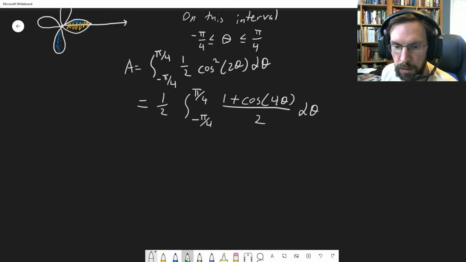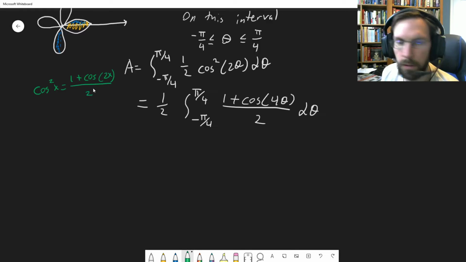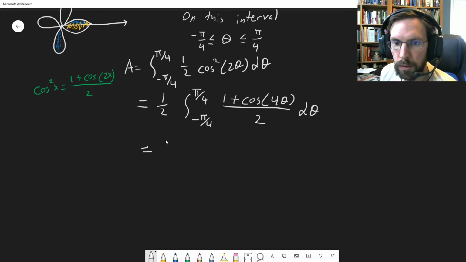Let me write it over here. We're using cosine squared x is 1 plus cosine 2x over 2. We can pull out another 1/2 from the denominator here.